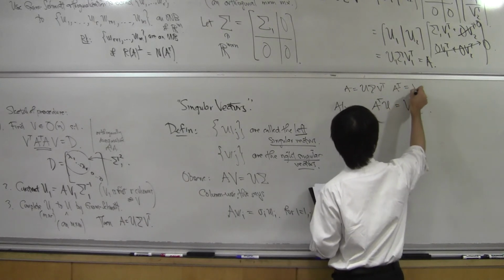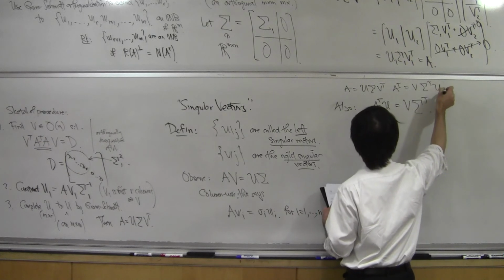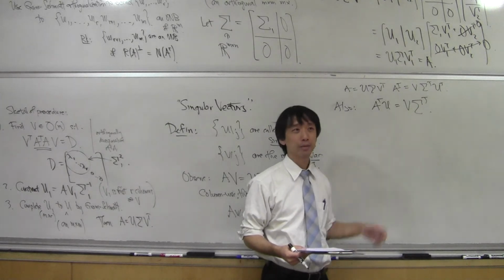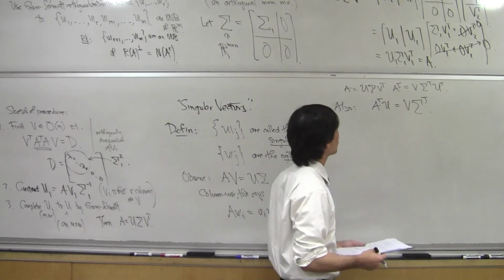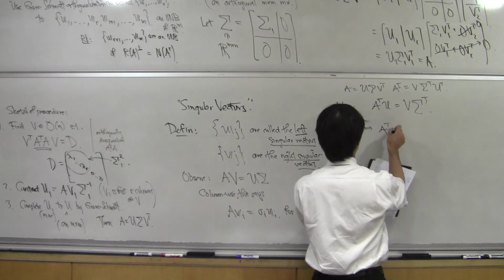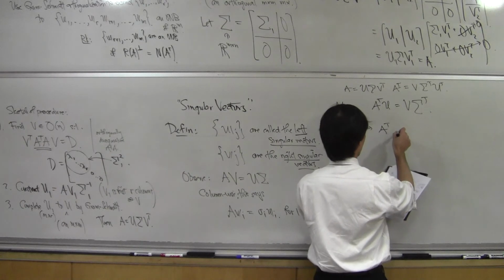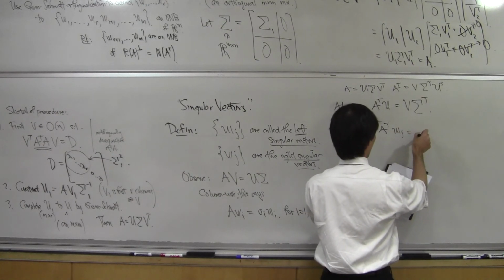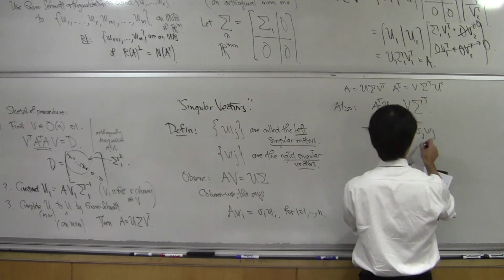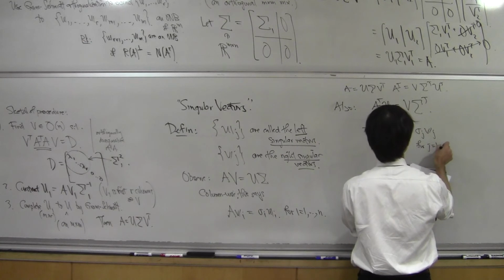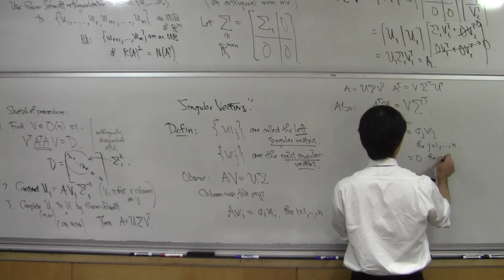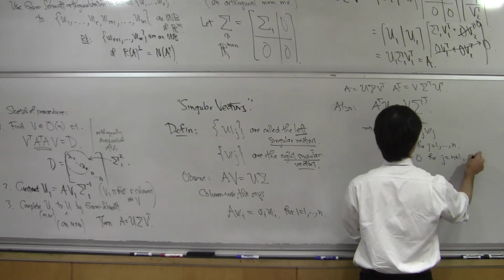A transpose is V sigma transpose U transpose. So multiply on the right by U and you get this thing. And what you get is that A transpose Uj equals sigma j Vj for j equals 1 to n, and equals 0 for j bigger than that.